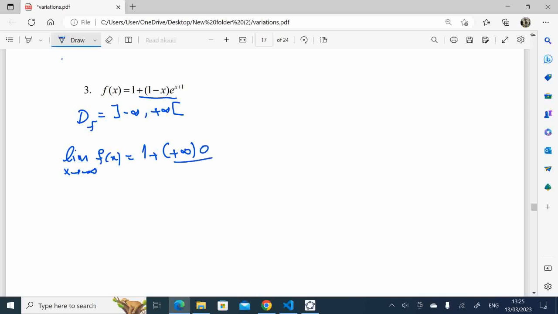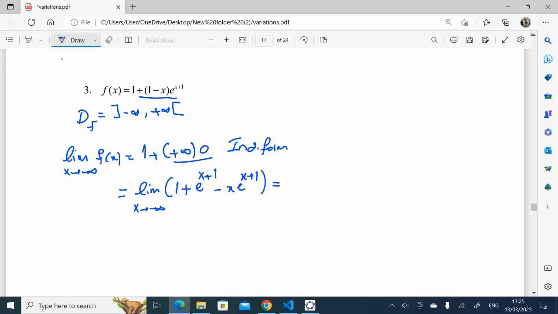So we have here an indeterminate form. In order to solve this indeterminate form, I may expand the exponential: the limit as x approaches minus infinity of 1 plus (1 minus x) e^x times e^1, which is e^(x+1).